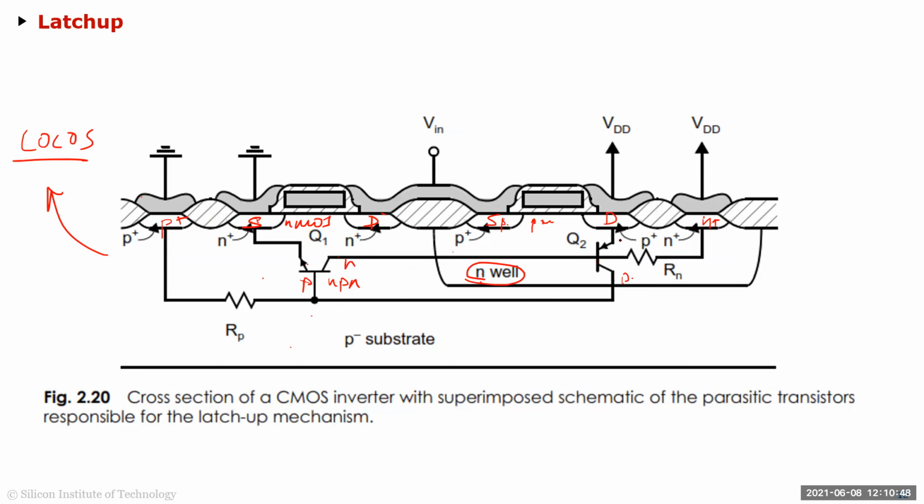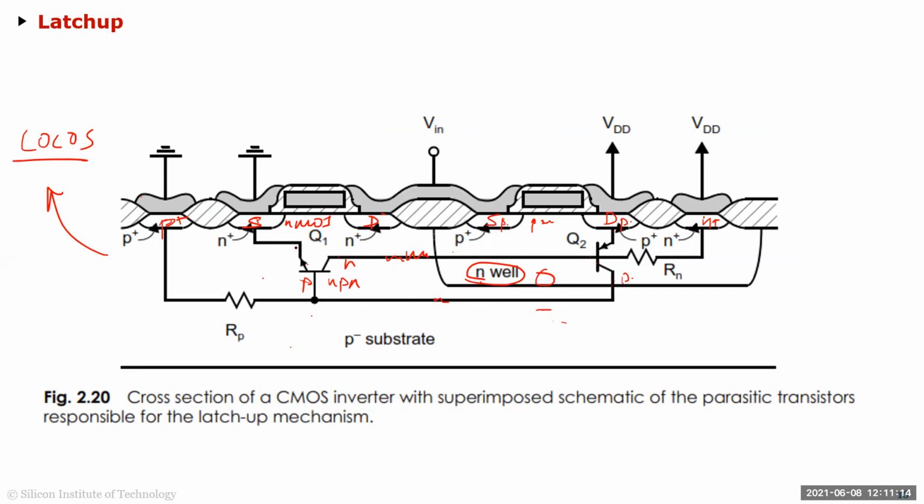The P is obviously the P plus of this drain. The base N is this N well here, and the collector P is this P substrate over here. If you draw this, you'll see that there is a resistance between all these nodes. There is a resistance here, there's a resistance here, and so on.